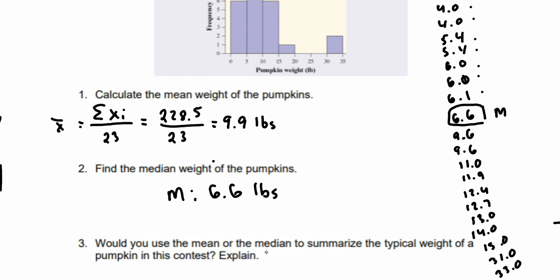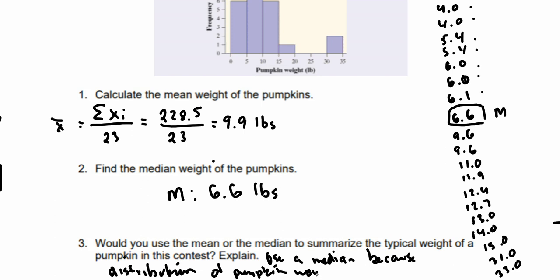We would say we're going to use a median because the distribution of pumpkin weight is skewed. And that is why we would use the median for our center value.